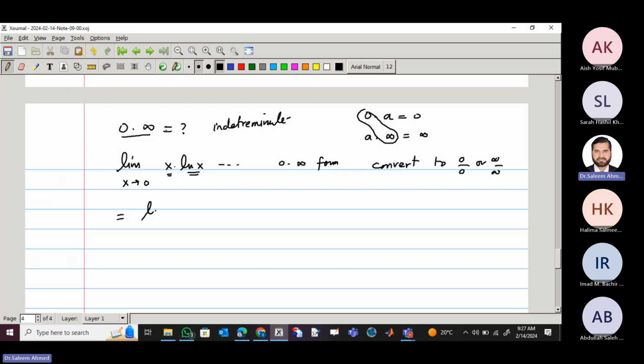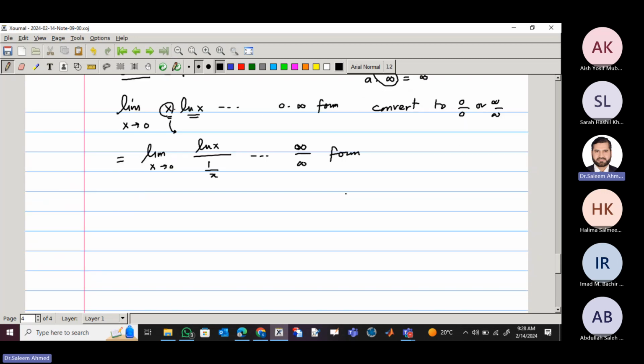So if I keep log of x at the top, and write x in the bottom, I can write 1 over x, right? X in the denominator becomes 1 over x. Now if you put 0, log of 0 is infinity, and if you put 0, 1 over 0 is also infinity. So see, this has become infinity by infinity form. Now I can use L'Hopital rule.